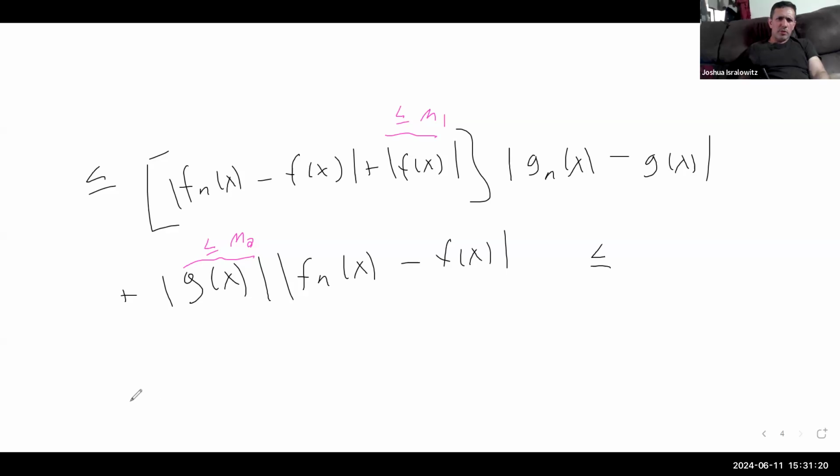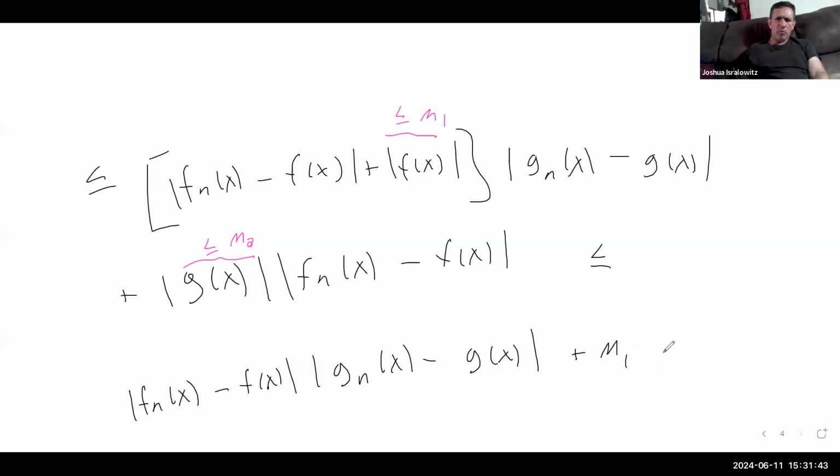So this is less than or equal to Fn of x minus f of x times Gn of x minus g of x, M1, and then M2.